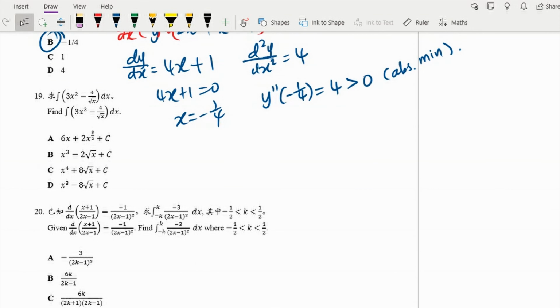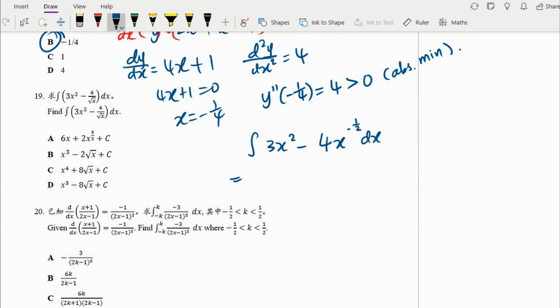Integration. So again, for this one, you always convert, don't write the power in fraction form, so that you don't confuse yourself with the radicals. Anyway, this should be the integral of 3x squared minus 4x raised to negative half dx. Then this is an integration.